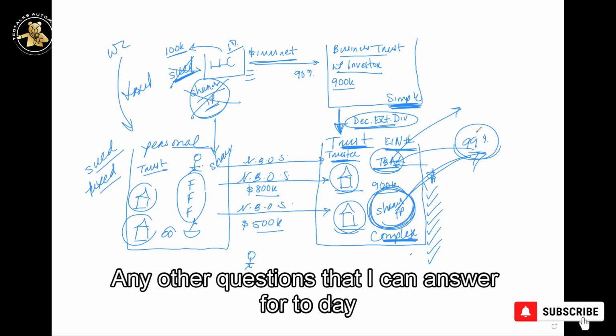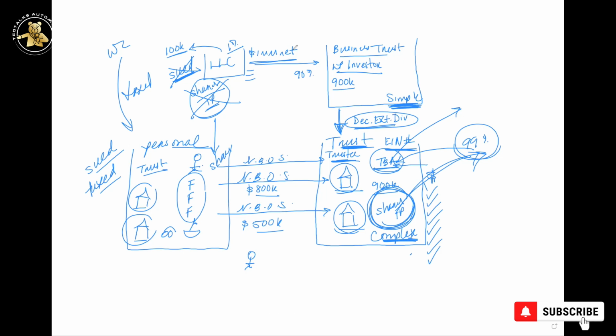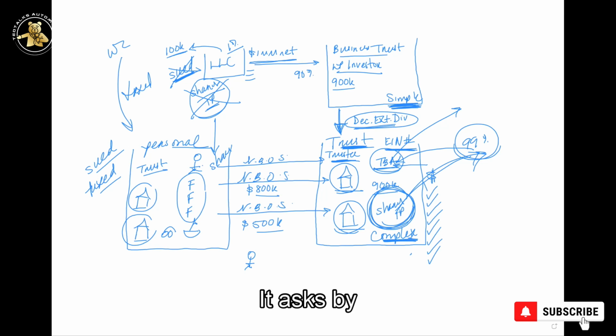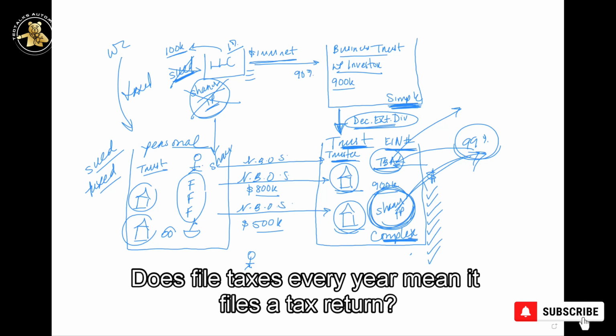Any other questions that I can answer for today? So the trust has a federal identification number. Does it have to file taxes every year? It does file taxes every year. I mean, it files a tax return.